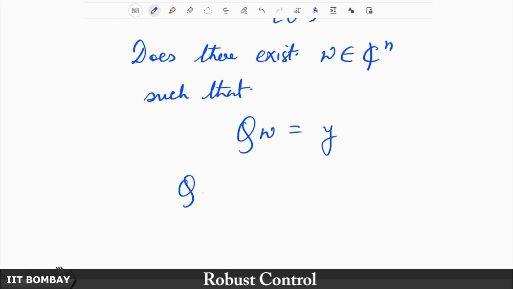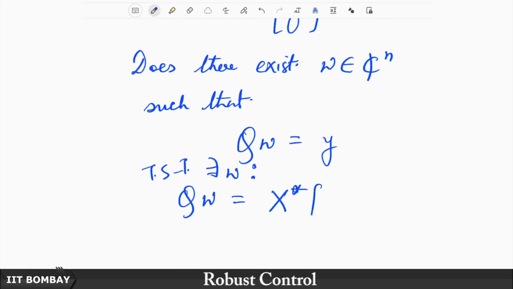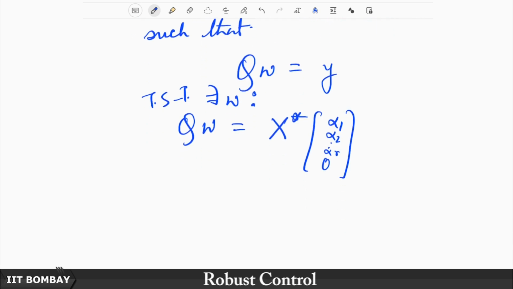So, we are trying to show that there exists W such that QW is equal to this Y, but this Y is what? Y is this X star times alpha 1, alpha 2 dot dot dot till alpha r and then all zeros. But what is this?